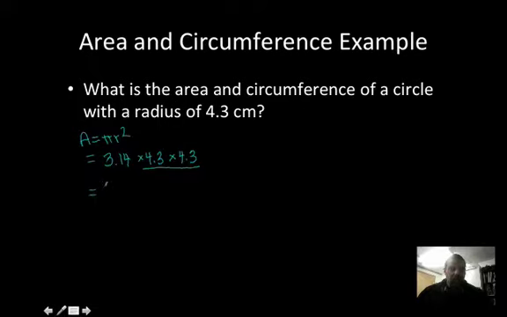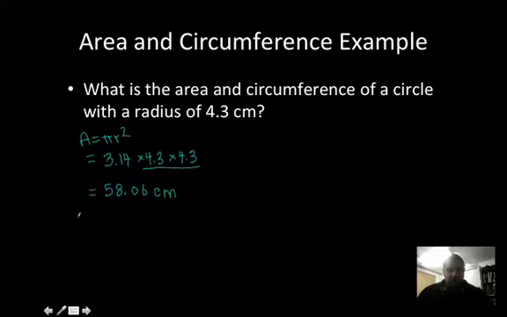Key this into a calculator and we're given an answer of 58.06. I rounded this answer to 2 decimal places from the calculator. The reason for it is that the 3.14 is an approximation to 2 decimal places. And then our units is centimeters.